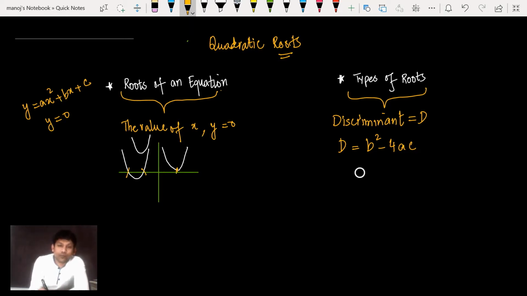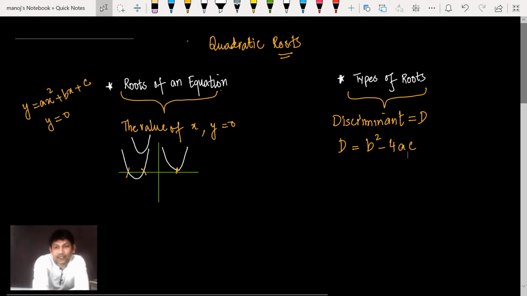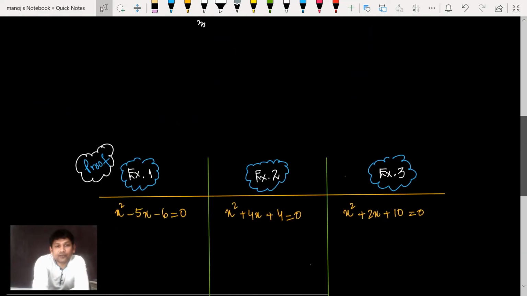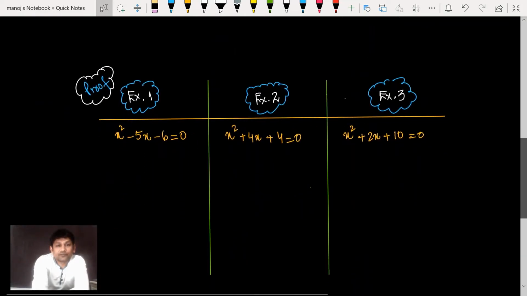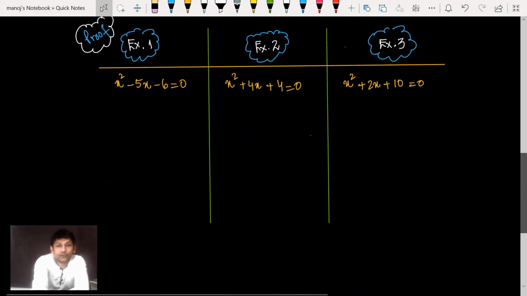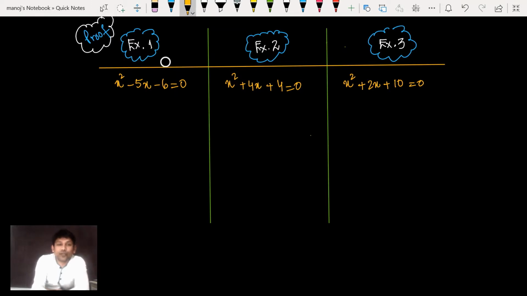To support how we can find the types of roots, I would like to use three examples in detail. This is how we can have two real roots, two equal roots, and sometimes no root. So I have used three equations here.